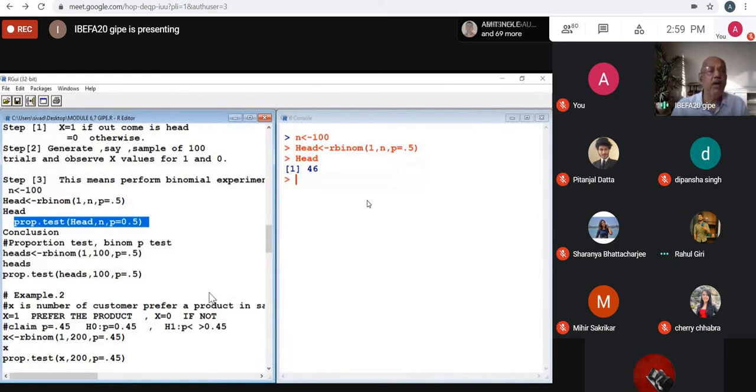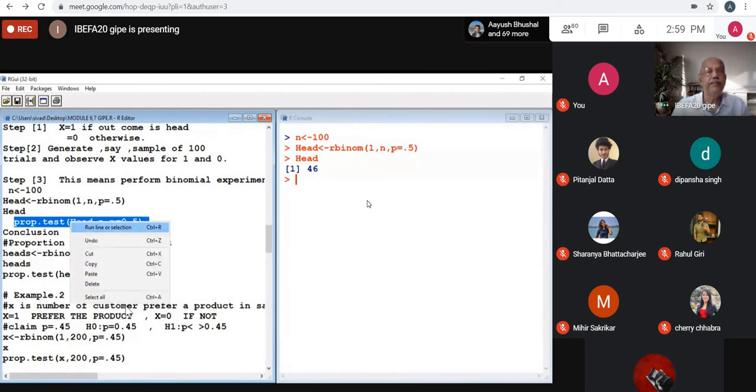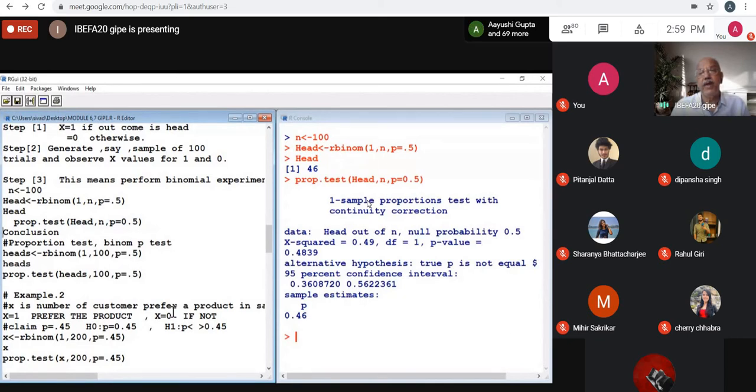Or you can solve it with a chi-square test. Proportion, probability, percentage. But they fix it for one parameter, the proportion test. See the output. What is the p-value?